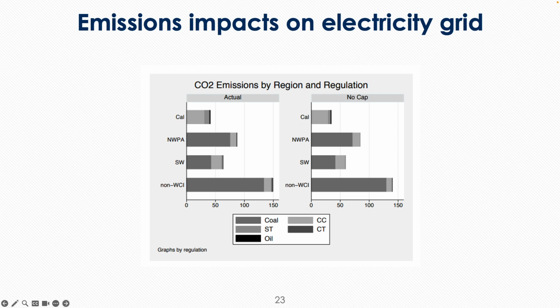And so there's been some examination of this, looking at what happens in terms of emissions under what actually happened versus with no cap and trade.